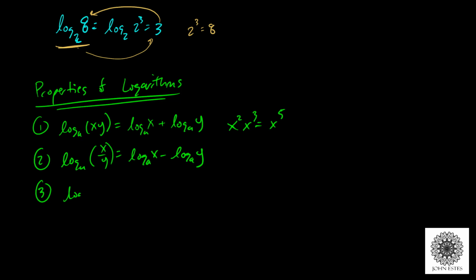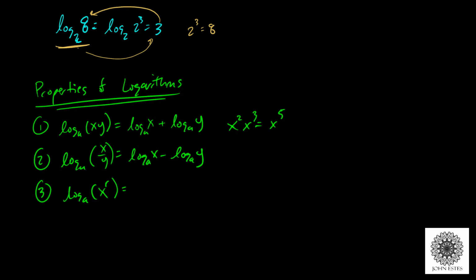All right, now if I take log base a of x to the r power, so this time r is an exponent inside the logarithm, well, isn't that the same thing as saying, like, x cubed is the same thing as x times x times x, 3 times? This is the same thing as x times x times x, r times.